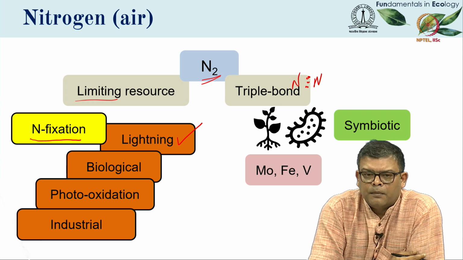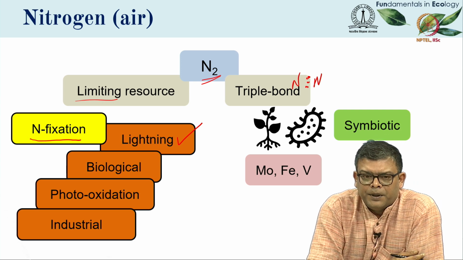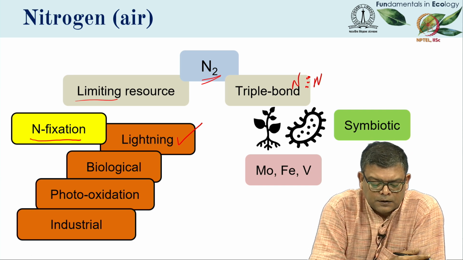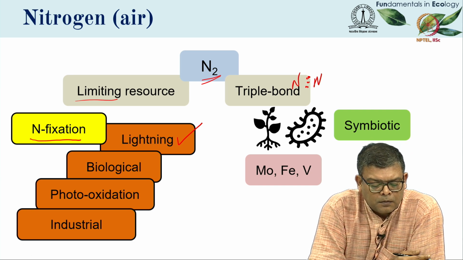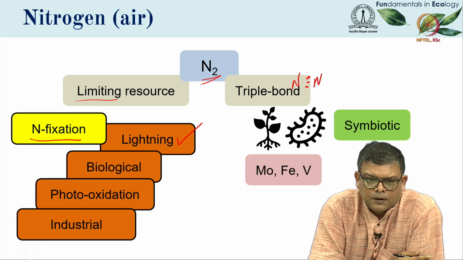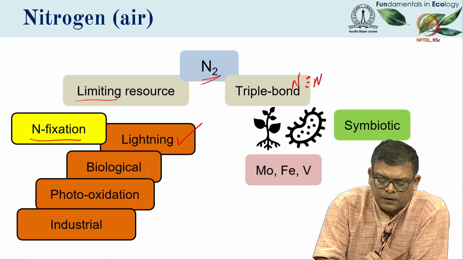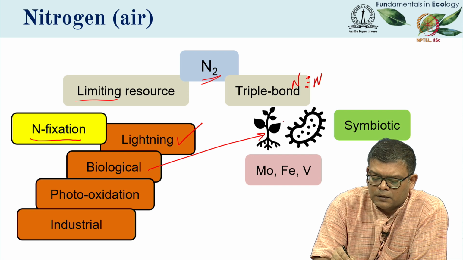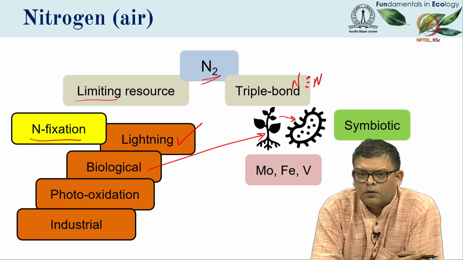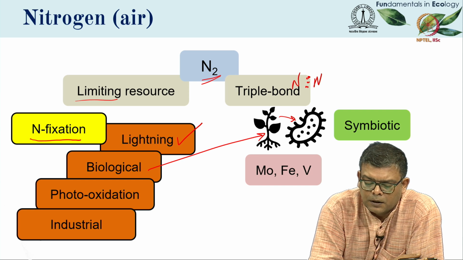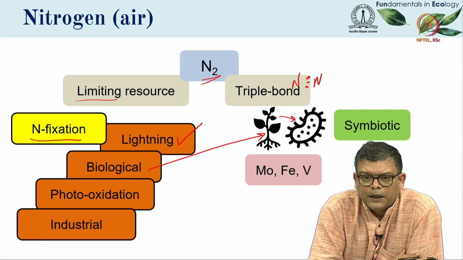Later on, when biological life forms appeared, we get to a point where a remarkable chemical reaction shows up which can fix nitrogen through biological processes. So biological processes involve a symbiotic relationship between plants and a microbe that they harbor in their roots. You may be familiar with a type of plants called the legumes.